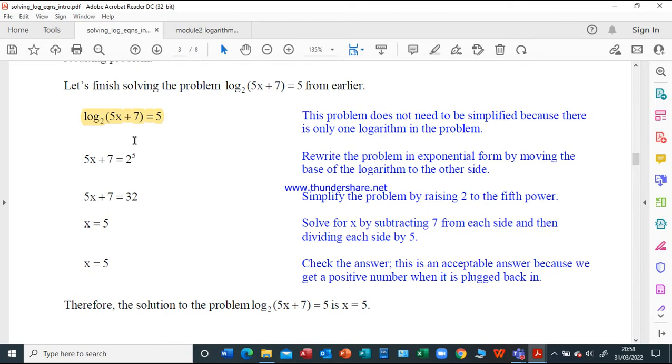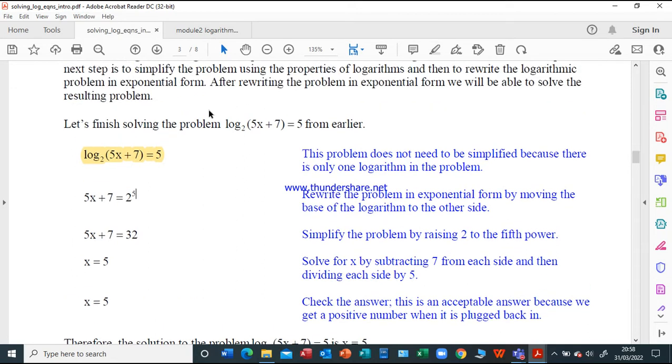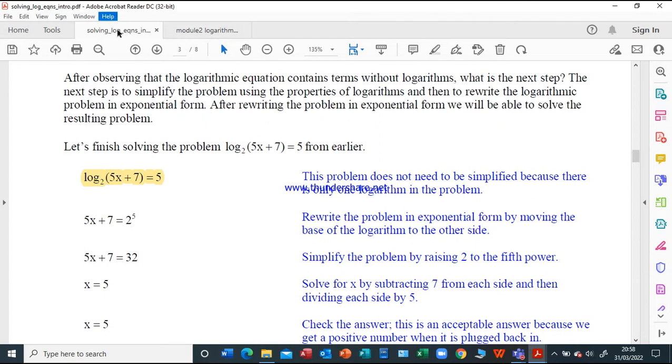So that is the rewriting, the simplification, and once you do that, we are good to go with the solution of the problem. So it means 2 raised to the power 5 is equal to 5x plus 7. Now we have reduced this to a linear equation and we solve it. 2 raised to the power 5 is 32, and then 5x plus 7 is 32.